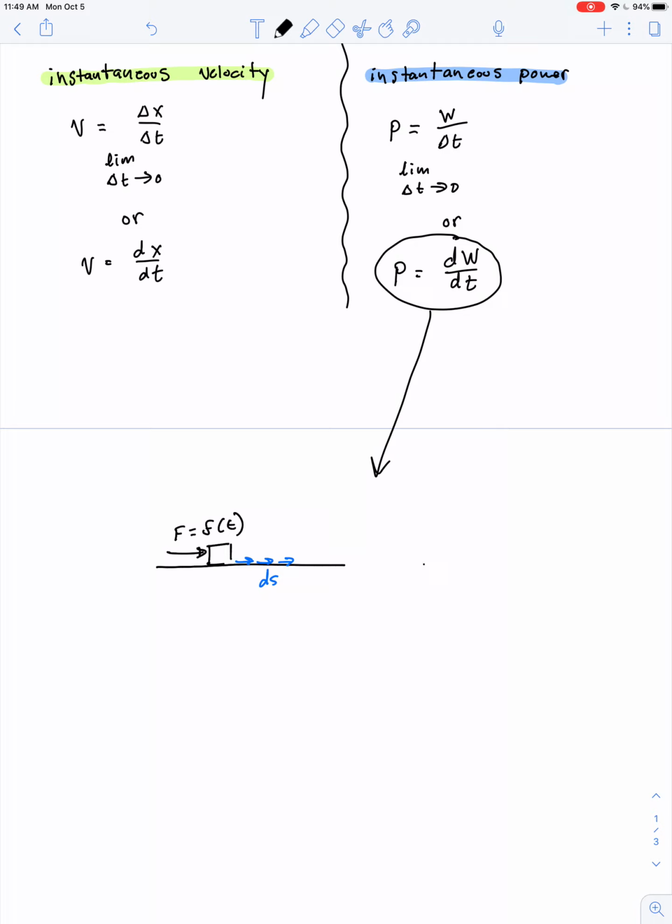So we can say that a little bit of work is done in each one of these intervals. And that little bit of work is the instantaneous value of force multiplied by that incremental displacement. So power can be expressed as F dot ds over dt.